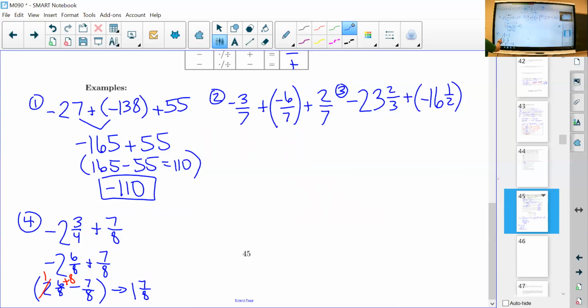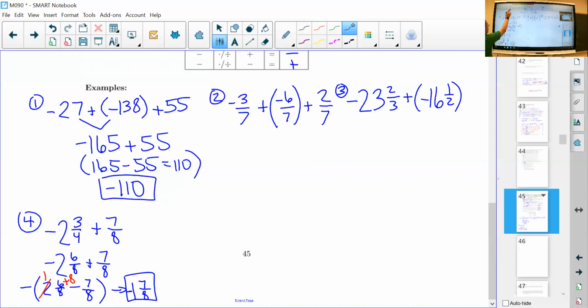We need to attach the sign that goes with the larger absolute value, which is negative. So my answer is going to be negative 1 7/8. I could even put a negative sign out here. That's kind of what I'm doing. If you take college algebra and you see factoring out a minus sign, that's kind of what we're doing.